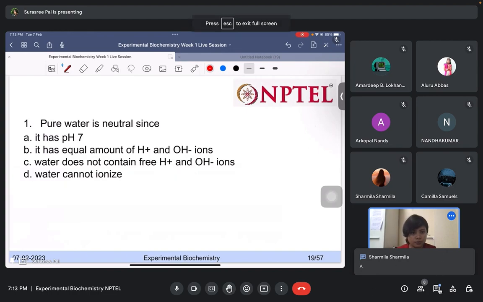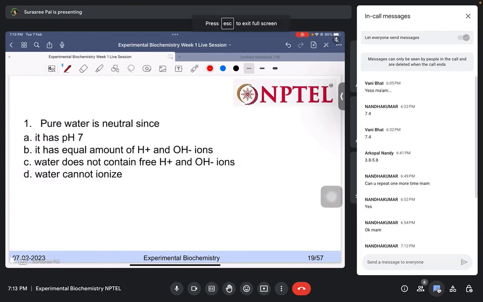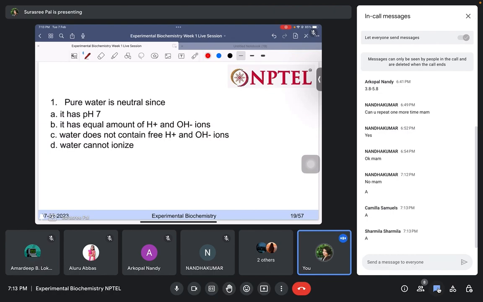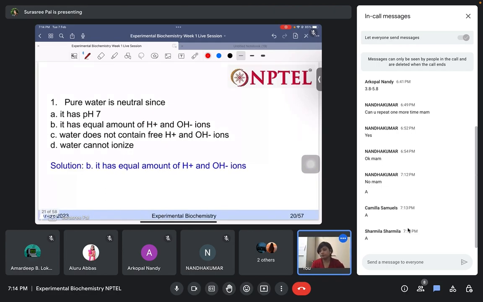I can see that most of you are saying the answer is A. Okay, let's see. The solution is B. It has equal amount of H plus and OH minus ions.